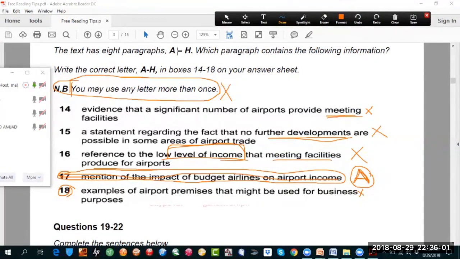Now, there are two things to consider at this point. How many paragraphs are there? 8, A to H. And how many questions are here? 5. So that means 3 paragraphs are extra.